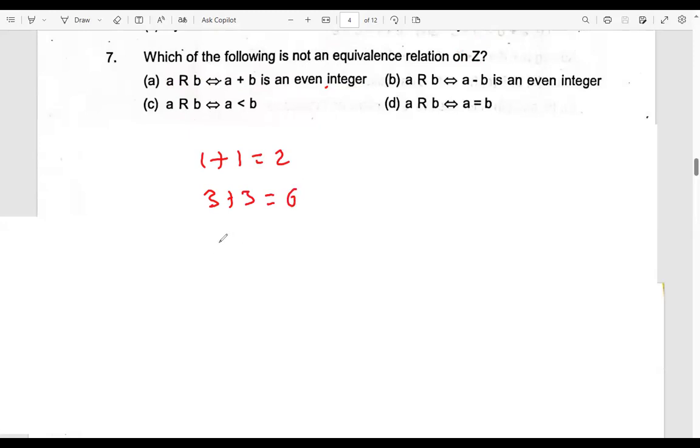If I take two even integers, let's say 6 plus 6, again we are getting an even integer. So this is true, right? This is reflexive. It should be symmetric, as you know that if the sum is even, by shuffling the order, that means if a plus b is an even integer, then b plus a should also be even. So this is symmetric and reflexive as well.